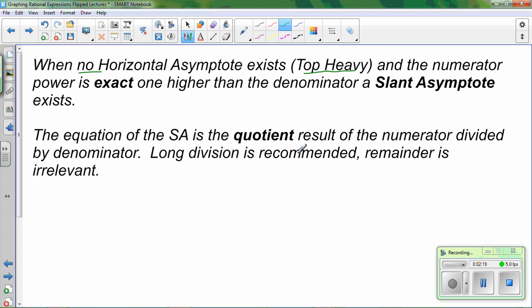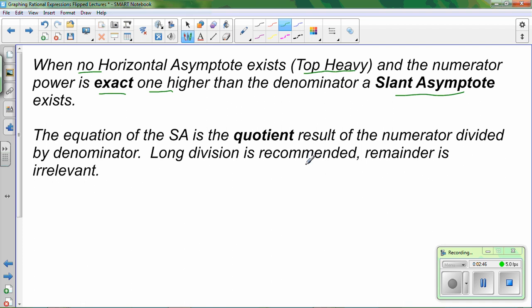If there is no horizontal asymptote, and that occurs when it's top heavy, when the numerator exponent is larger than the denominator exponent, then when it is exactly 1 degree higher than the denominator, a slant asymptote exists.